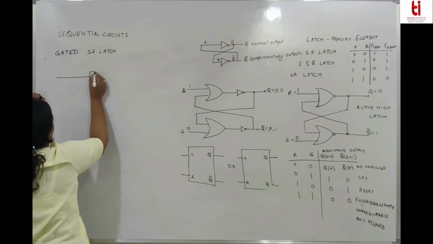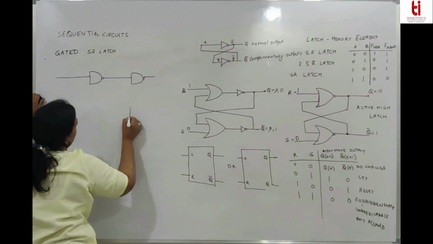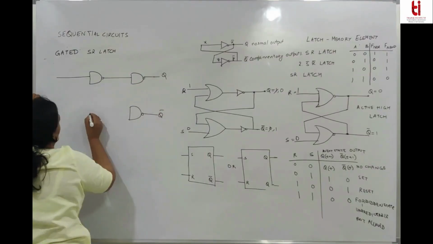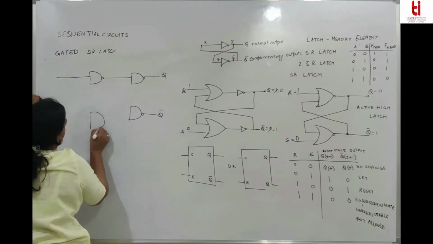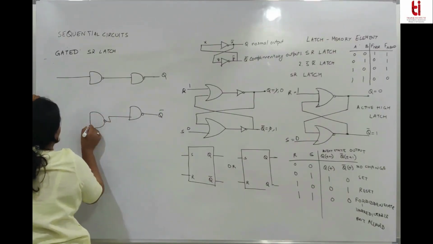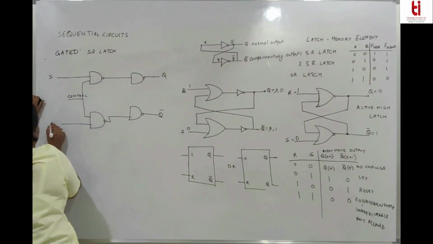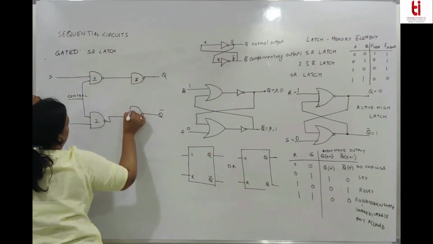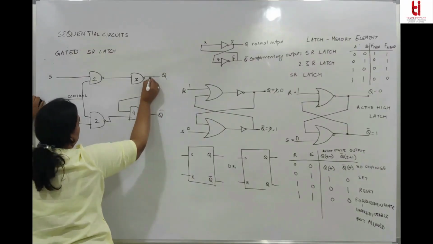It's like this. The basic element is a latch. It's a NAND latch. There is a control signal. I just number the gates 1, 2, 3, 4. This is a basic latch.